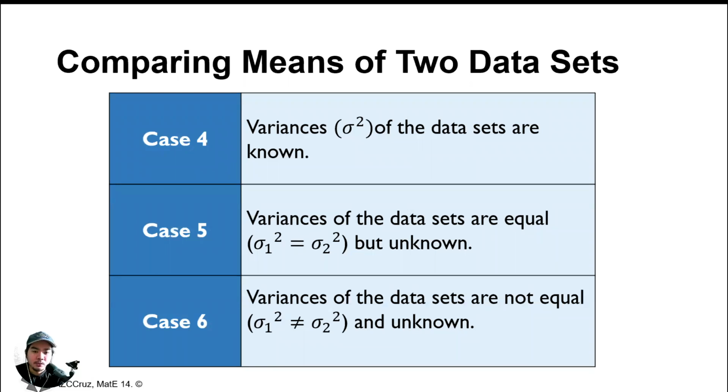Okay? So we have three cases again ulit dito, no? So, case 4 is when the variances of the data sets are known. So, this is for both data sets, no? Tapos, case 5 is the variances of the data sets are not known pero they are assumed to be equal. And yung last case is the variances of the two data sets are not equal and they are unknown as well.